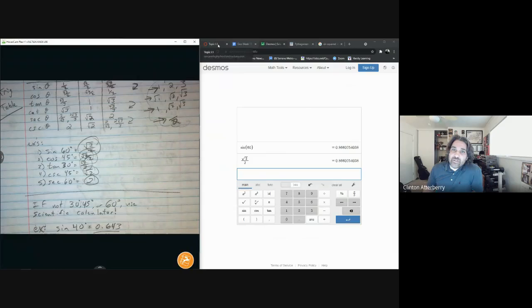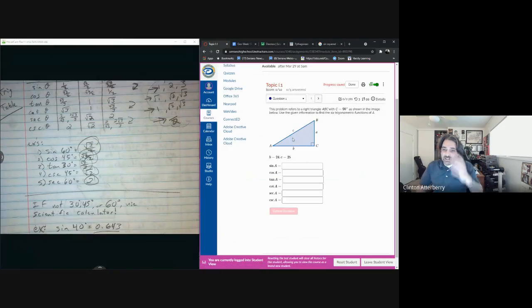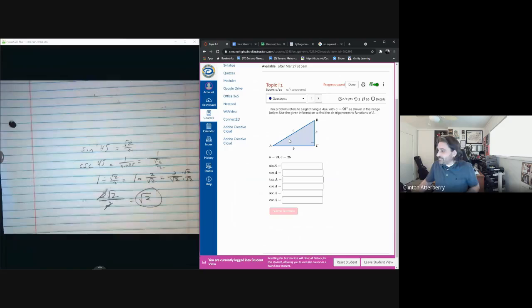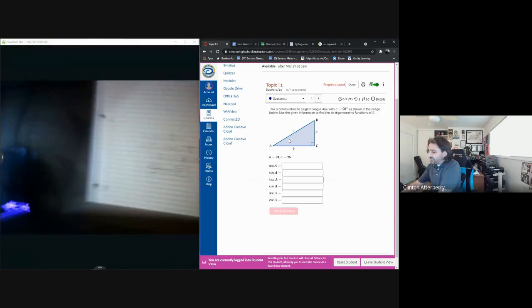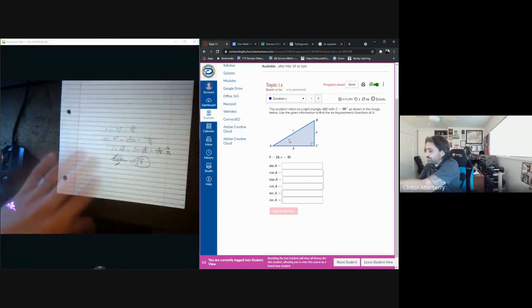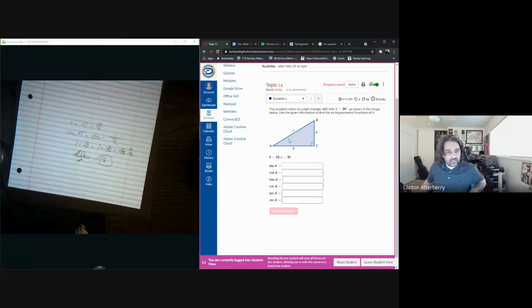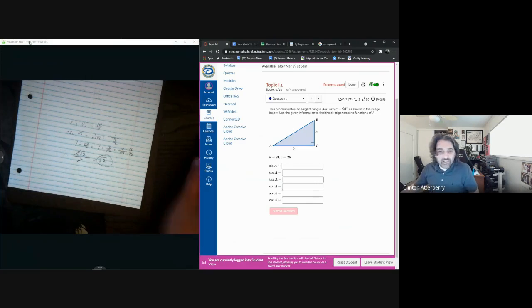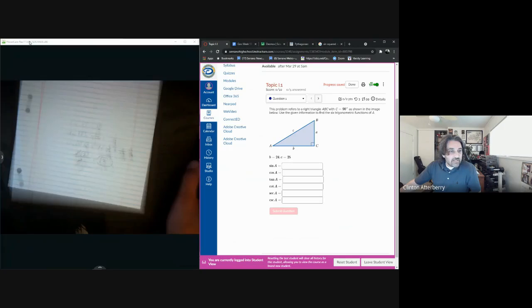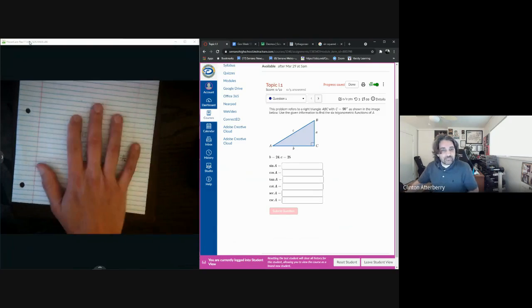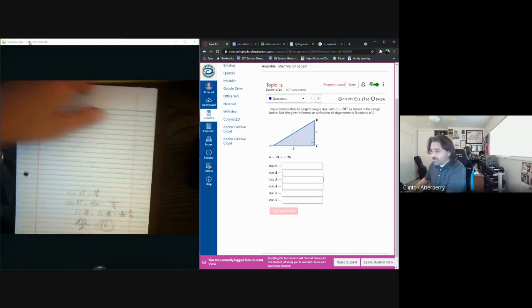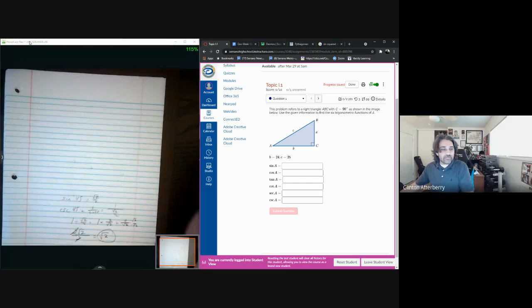All right. So looking at this week's stuff, the first question says B is 24 and C is 25. What you need to do for these problems is first figure out what you're missing. After you figure out what you're missing, then you can do the whole thing.